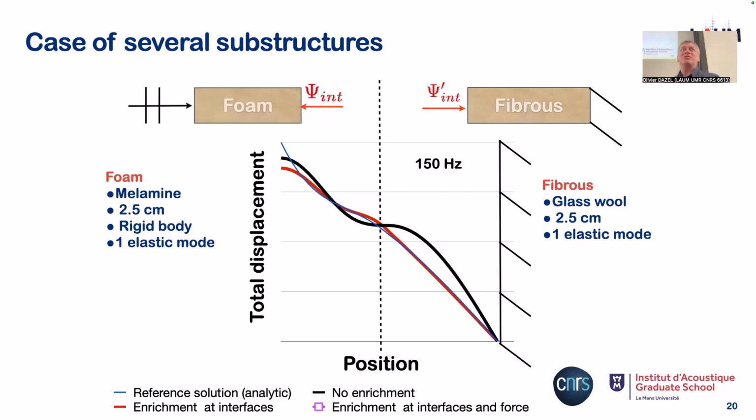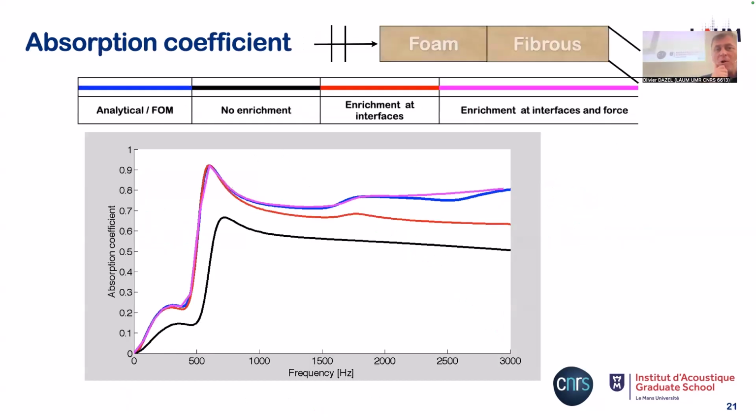You see that because we have this first mode, which has a zero slope, we don't have a satisfying response. But the solution is quite easy. We need to enrich this by adding another attachment mode on the left. And as a summary, we can say that for this 1D problem with these two materials, we have an absorption curve which is modeled like this.